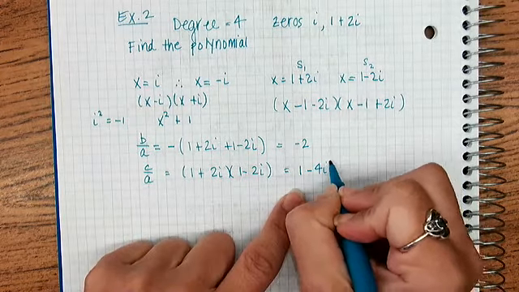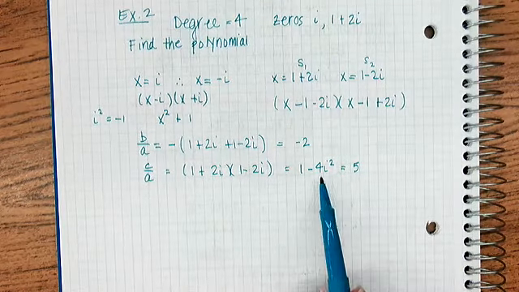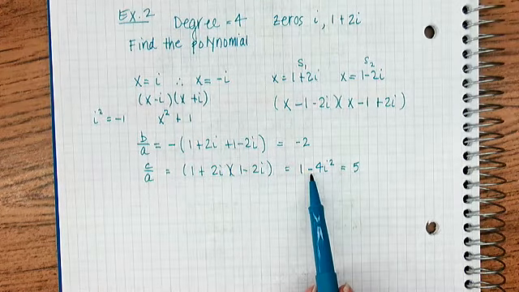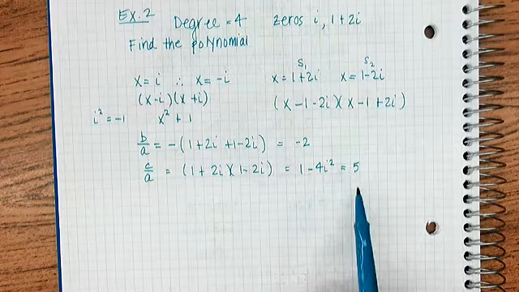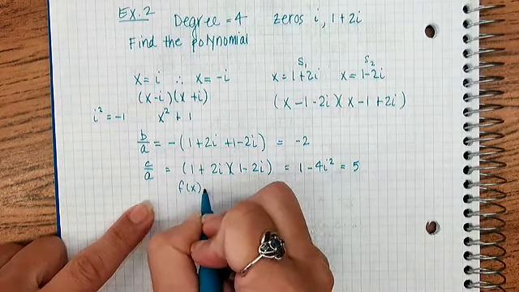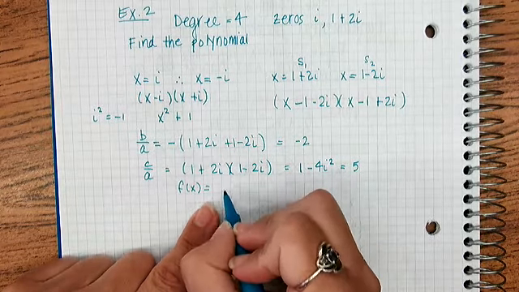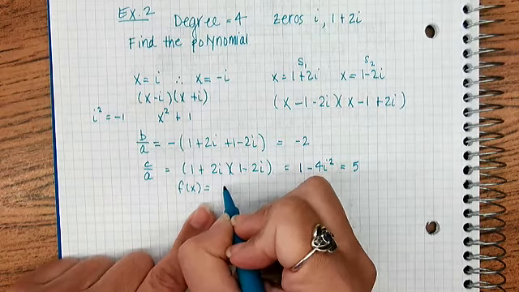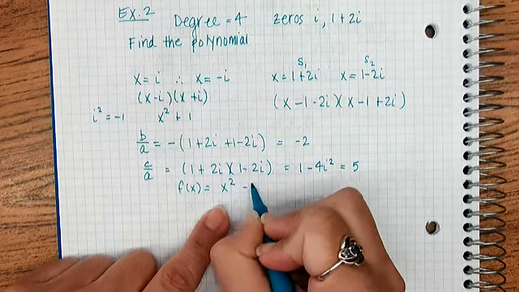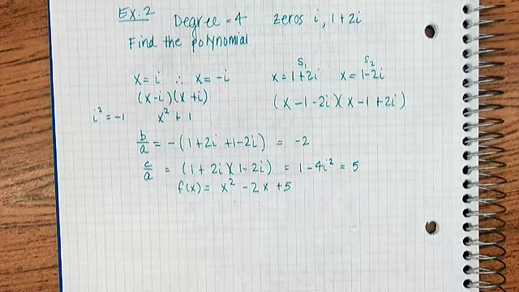Minus 4i squared, which becomes plus 4, since i squared is negative 1 and negative 4 times negative 1 is 4. Add, so c over a is 5. So I'm going to get my function is equal to x squared minus 2x plus 5.